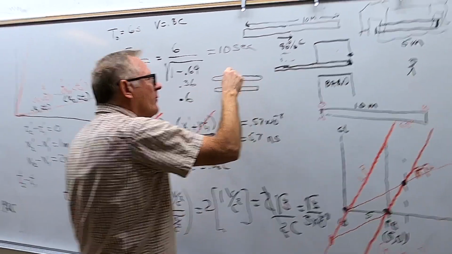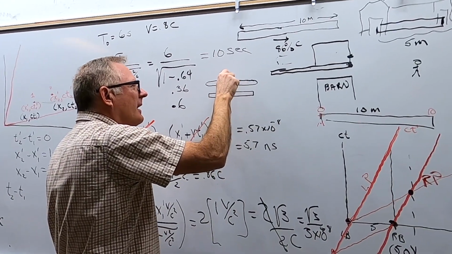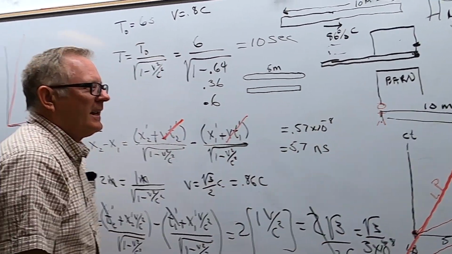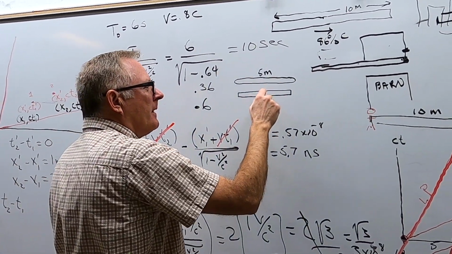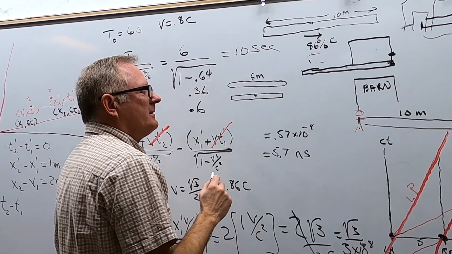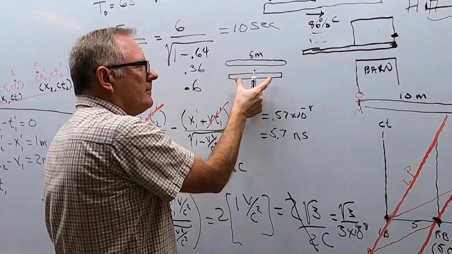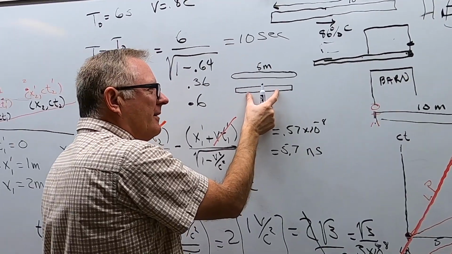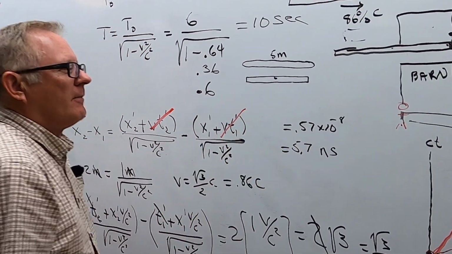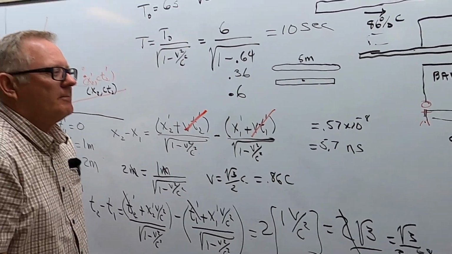Instead of a barn, we have a ring that's 5 meters in diameter. And if this 10-meter pole is going at 86% the speed of light, then this point right here is going to shrink down to 5 meters. And so Frank says, we could just drop this thing over the top right there. Just drop it over the top.